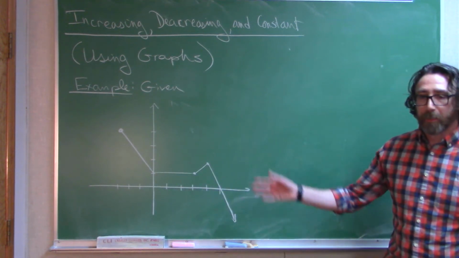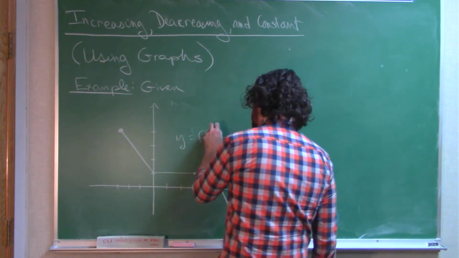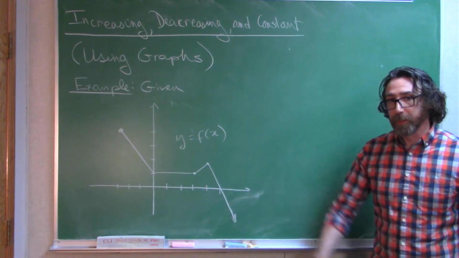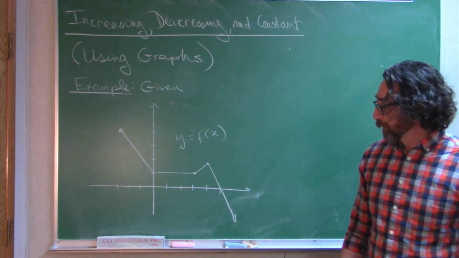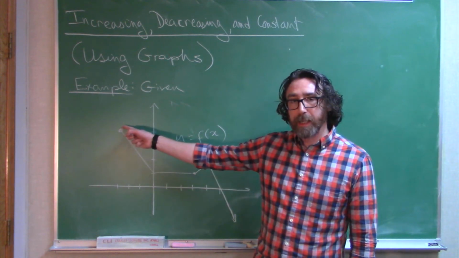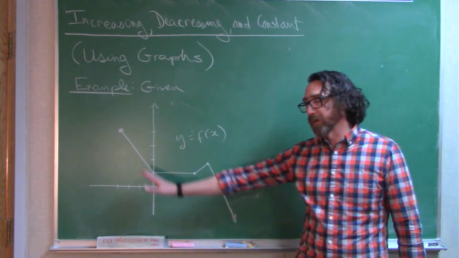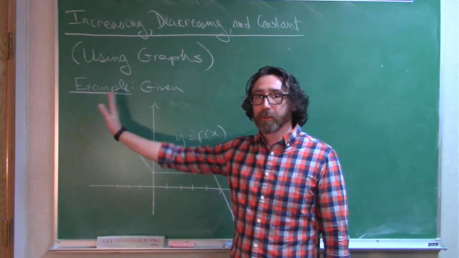This is my function. Not going to give you the formula, just going to give you the graph. A couple things to pay attention to. Notice over here, I have a filled in dot. The graph just stops there. There's nothing to the left of that.